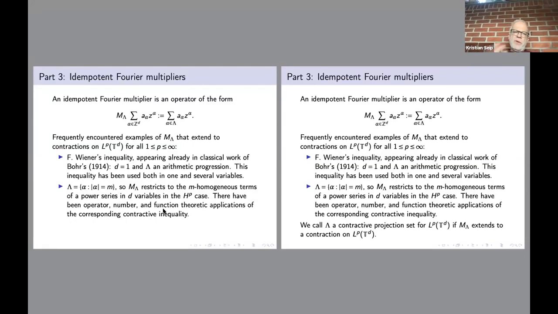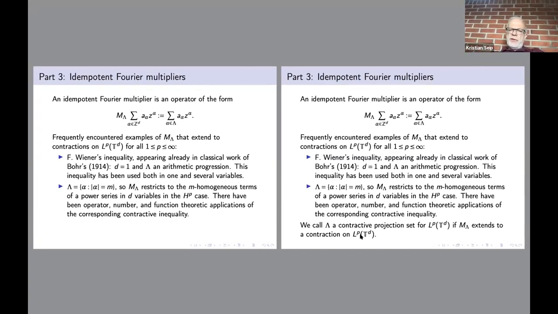So what we wanted to understand is what's behind this. I mean, are there other such inequalities? Which are exactly the lambdas that give you contractivity, which are the idempotent Fourier multipliers that act contractively on HP?